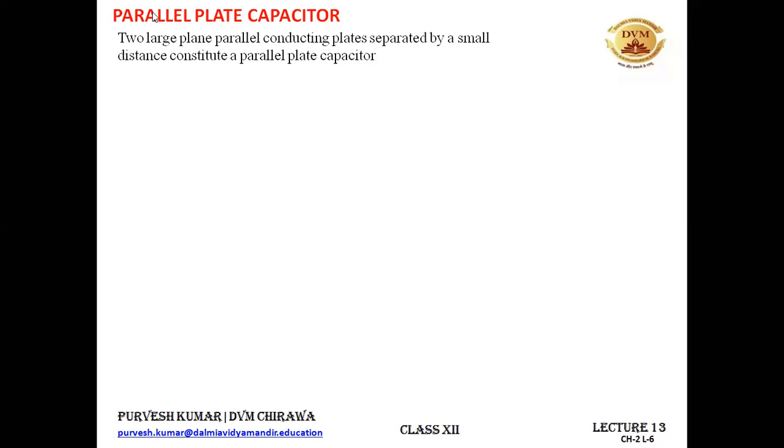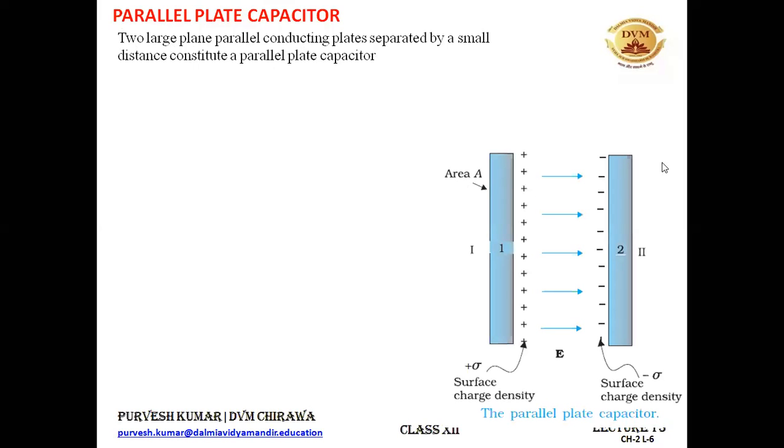The parallel plate capacitor can be defined like this: two large plane parallel conducting plates separated by a small distance make a parallel plate capacitor. You can see it like this. Both plates have area A, and the surface charge density for this plate is plus sigma, because it will hold positive charge, and for the second plate it will be minus sigma.